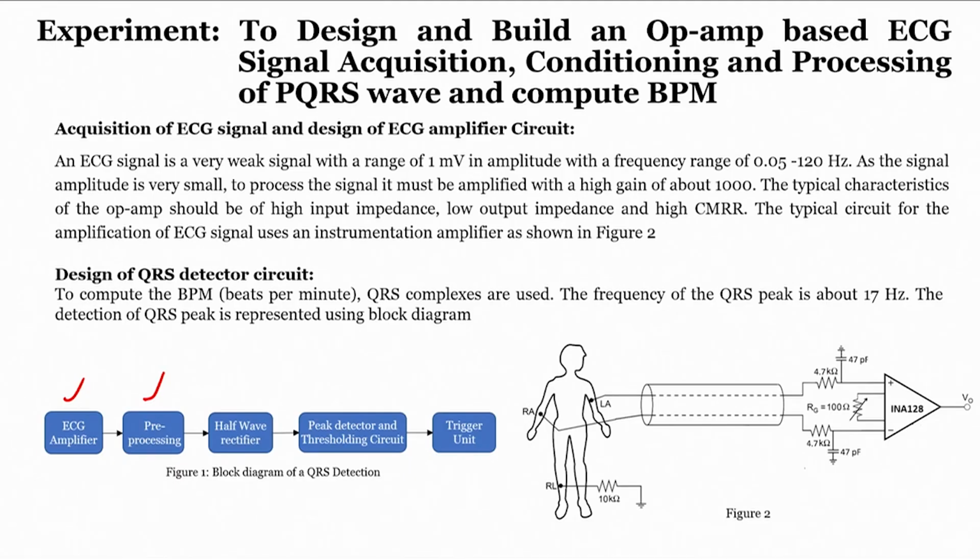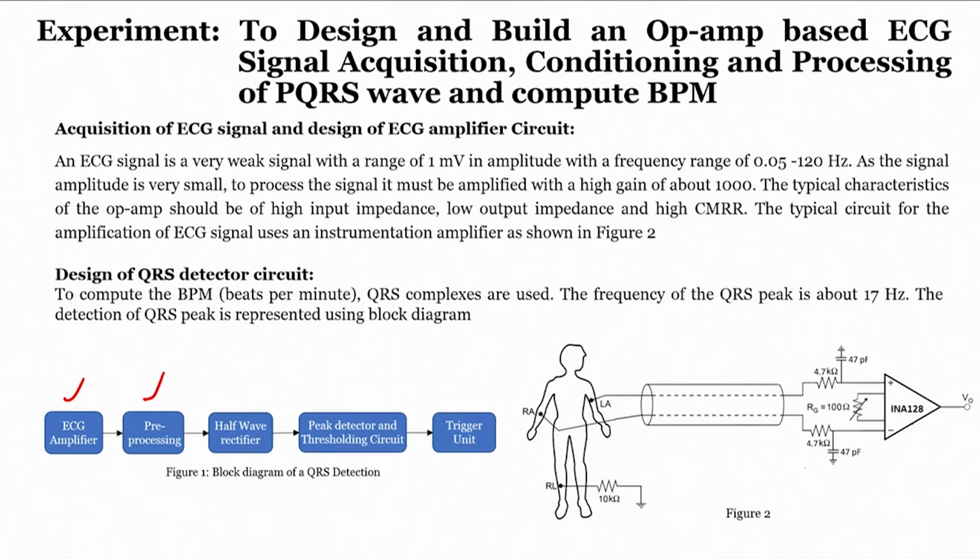Peaks can be either positive or negative. Generally negative peaks are called valleys, but when we design a circuit, it may give either a positive peak or a negative peak. Since we are interested only in positive peak values, if we pass through a half wave rectifier, the negative peaks will be completely removed.